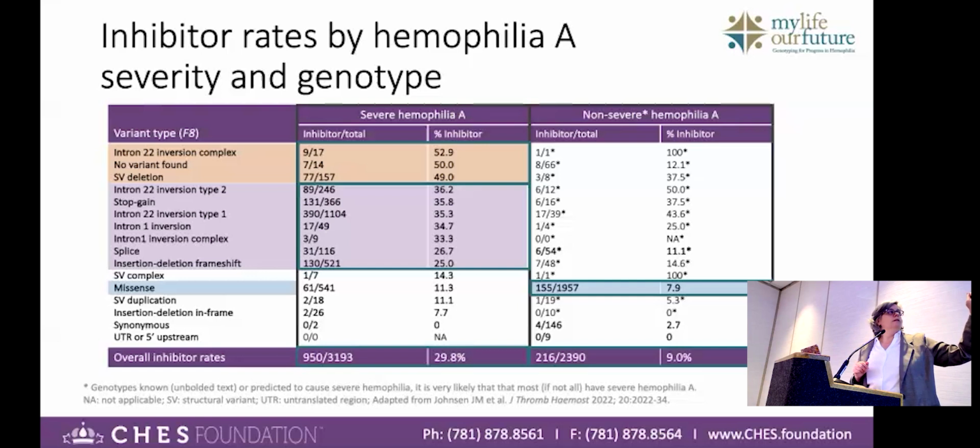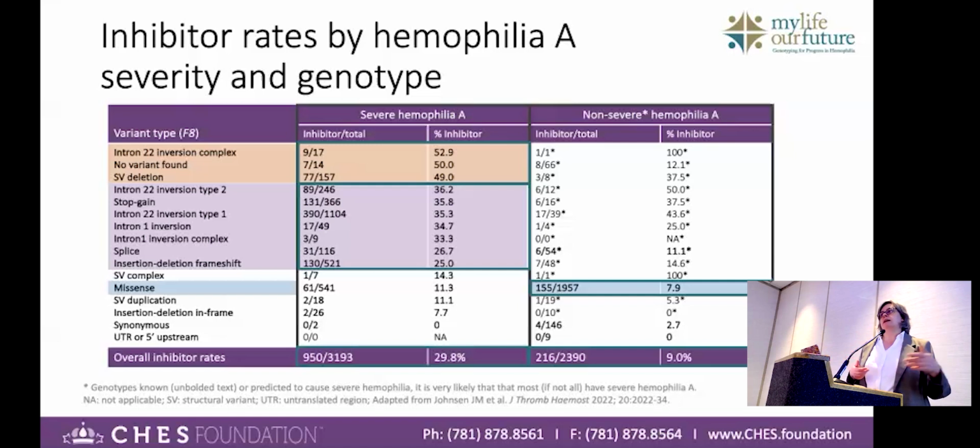And what we found is a very high rate of inhibitors if you had something that we hadn't classified before. So we have a new class of genotype I'm going to show you a cartoon of in a minute, which is what we call a complex intron 22 inversion. That was one of the discoveries of the program: that's a very high rate of inhibitor. And then also if you have a big chunk of the gene deleted, high risk of inhibitor, like we're talking 50% risk.